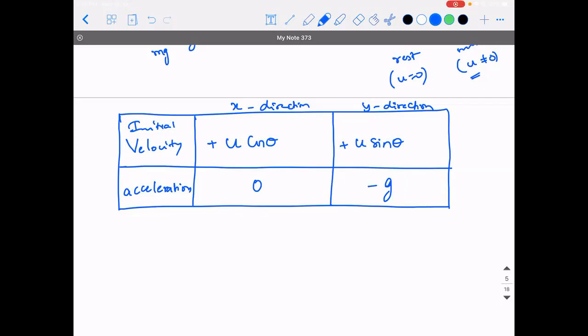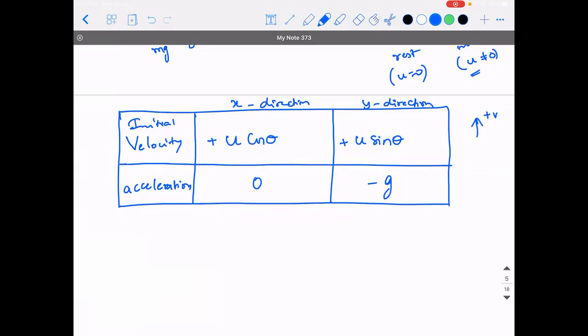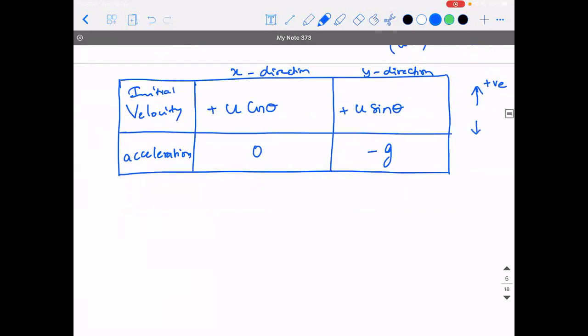We'll write it as g only. I hope you guys know why I put a negative sign. Because it is always in the downward direction. What I'm trying to say is, any vector in the upward direction is taken as positive, and any vector in the downward direction is taken as negative. Clear?